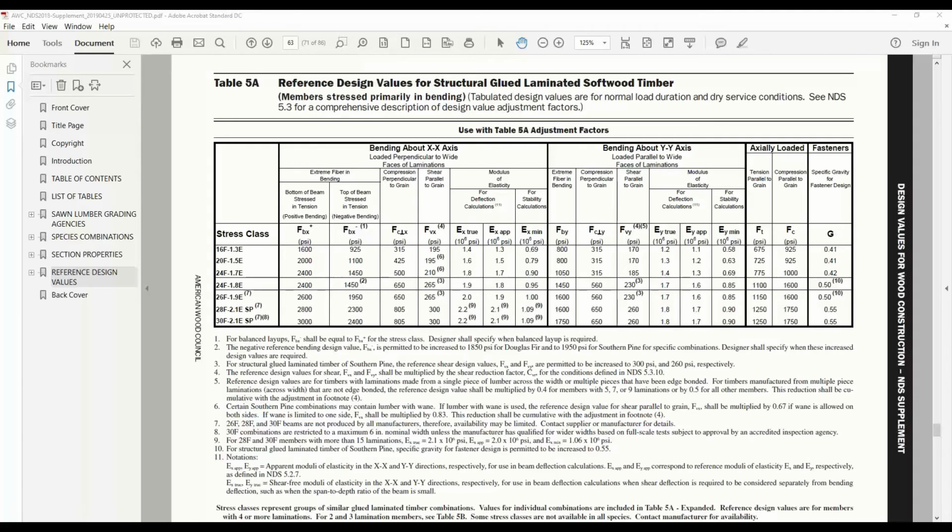Great. Here's a production question. When we have multiple lams that are stacked across a width, so if we had a beam that was 10.5 inches wide or wider, do we glue the vertical joints between those lams, or are we only gluing the faces? No, we're only gluing the faces.